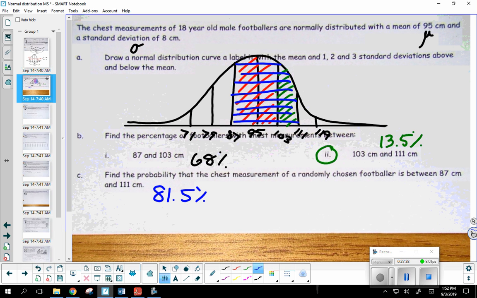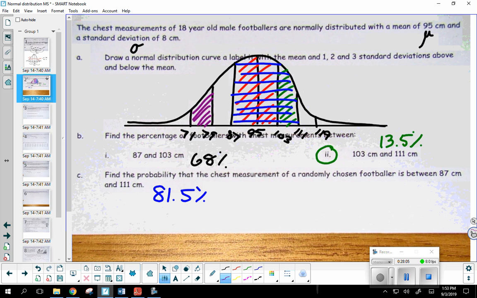So what if I asked you another one, let's say randomly? Let me use purple this time. What if I wanted to know the percentage of the data that had chest measurements between, let's say, 71 and 79? What would that be? Not 13.5.